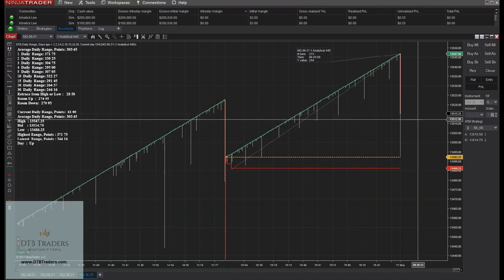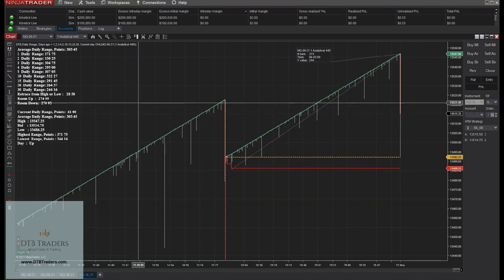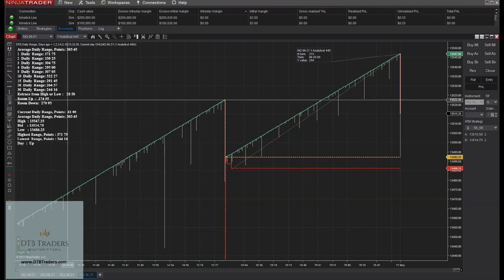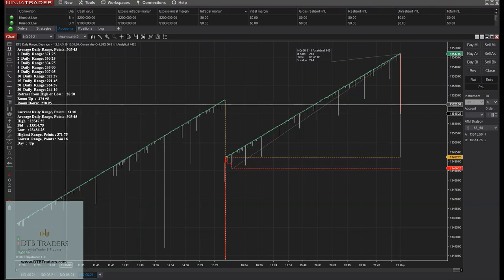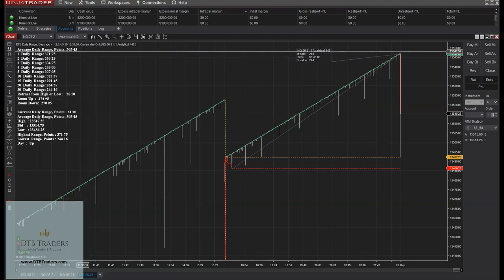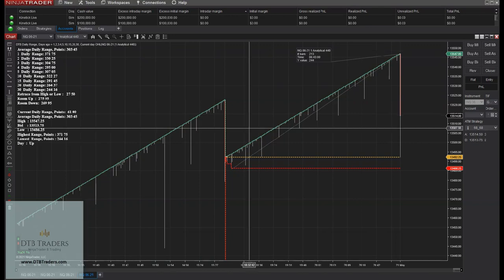So that basically gives you an indication of how far the price either has to go up or how far it has to go down to fulfill the average daily range.